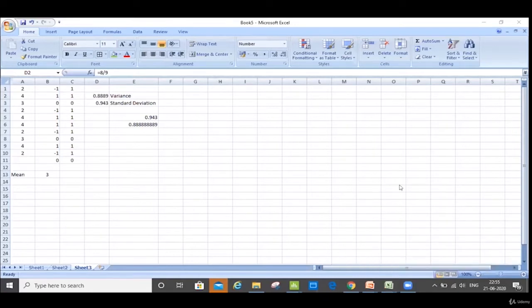So we took the square root of it, and that gave us the standard deviation of 0.9. Is it clear to you now? 8 divided by 9 is very simple. 8 is the sum of the values that we have calculated, and divided by 9 because there were 10 values and the formula says n minus 1.